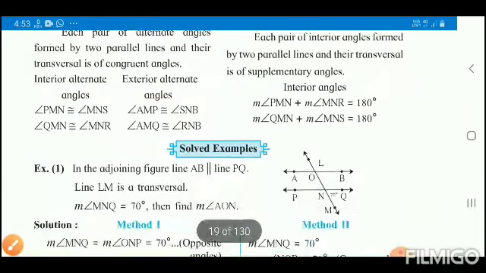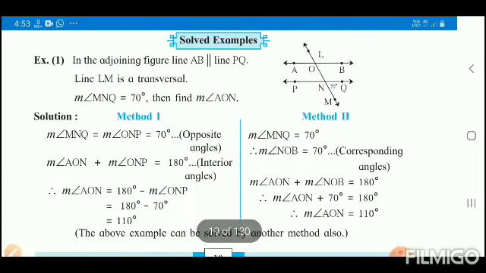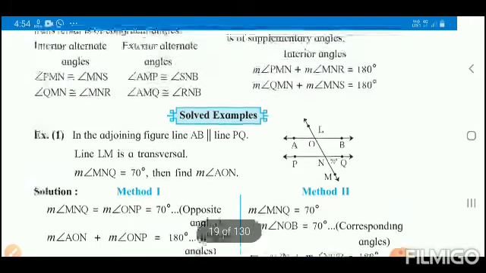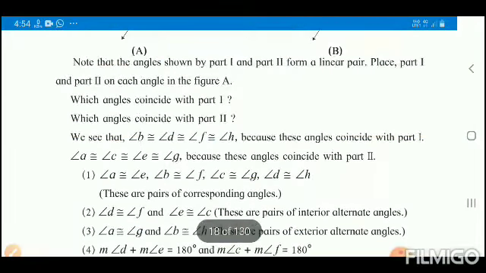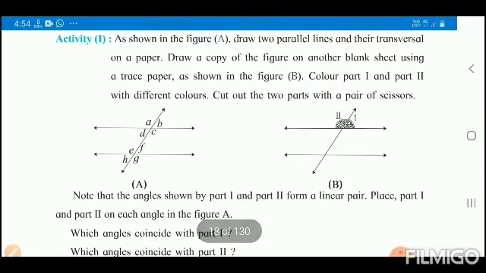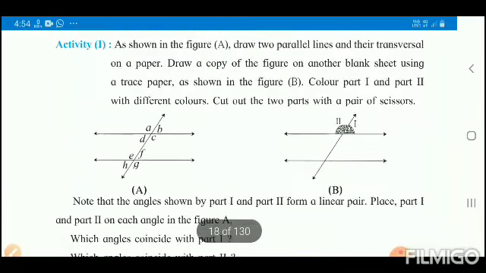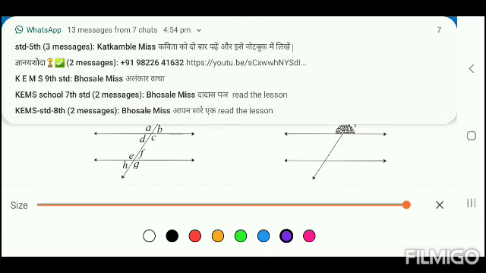Now we will go to the solved example. See here, they gave one example and they solved it by using two methods. Before that, just from the upside figure, I will show you how to find the measure of the angles.